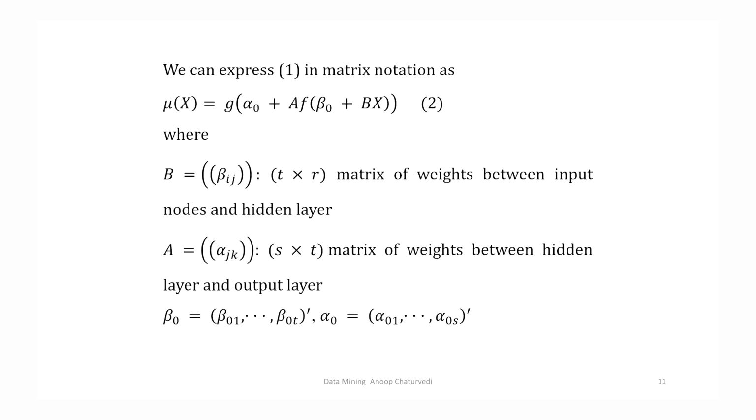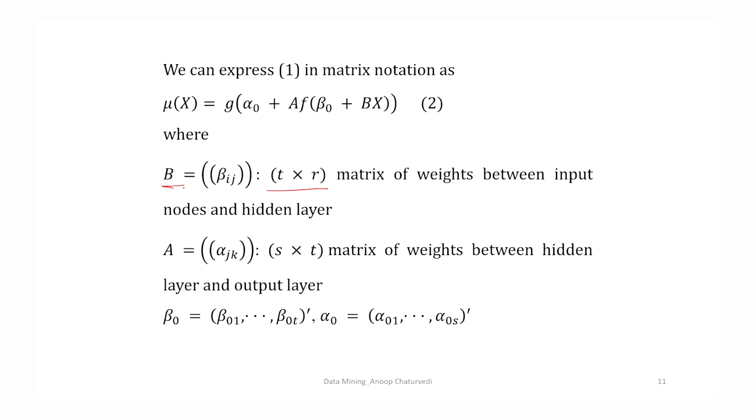Then we try to write equation 1 in matrix notation. So, suppose B is T cross R matrix of weights between input and the hidden layer.